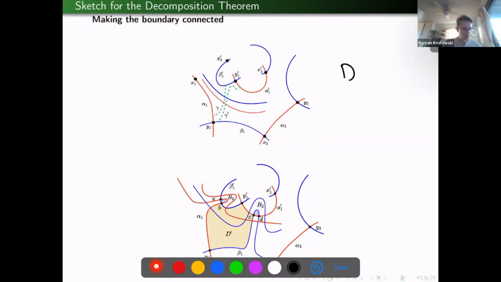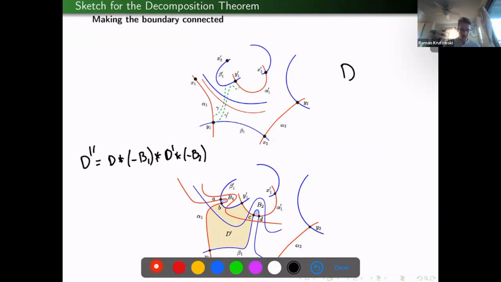And if we had a domain D here, then we can replace it with D prime, probably some D double prime. I'm not sure about all the signs, but it should be minus B1, D prime, and minus B2.